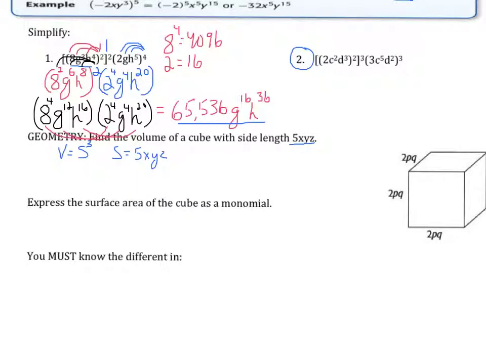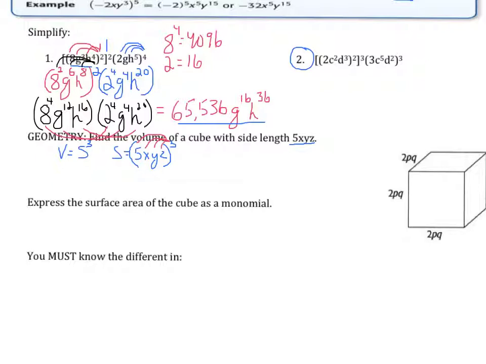So now we just do substitution, and we can find what the volume of the cube is. So I'm going to substitute that in for s to find the volume. We're just going to raise it to the third power, and we can use our power of a product rule. We're going to put the 3 on each of these, and we'll get our final answer.